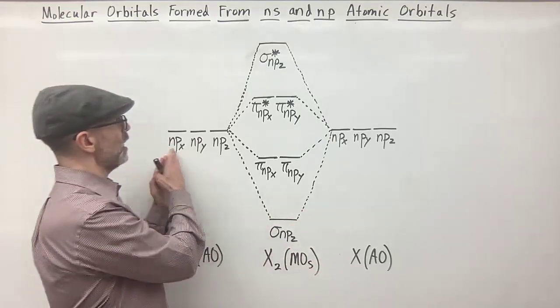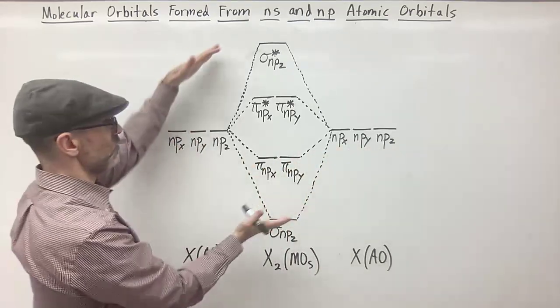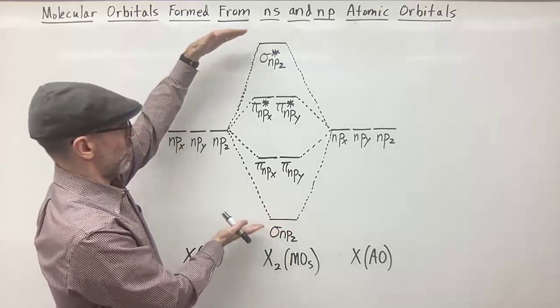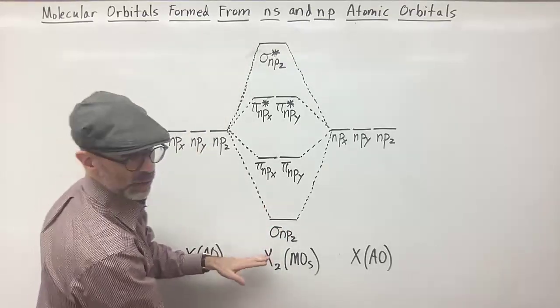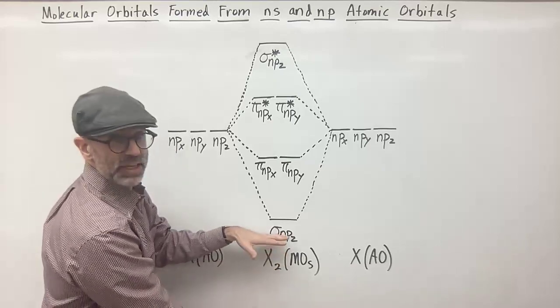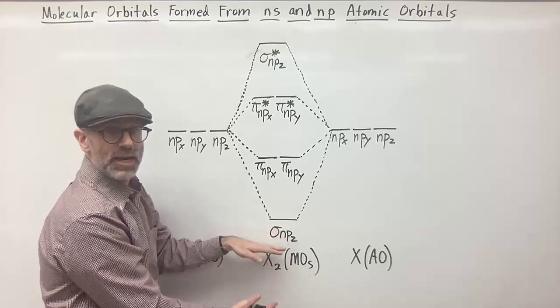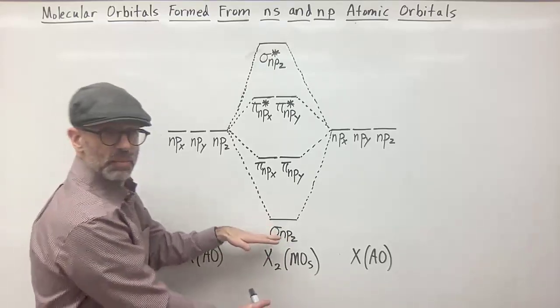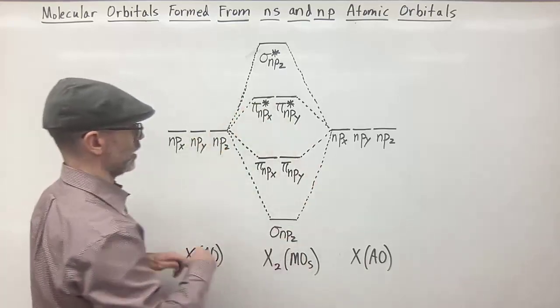So since the p orbitals are higher in energy, then this is going to give rise to molecular orbitals that are also higher in energy. And so below here, you're going to have the sigma 1s and the sigma 1s star molecular orbitals down here, but that's for later.